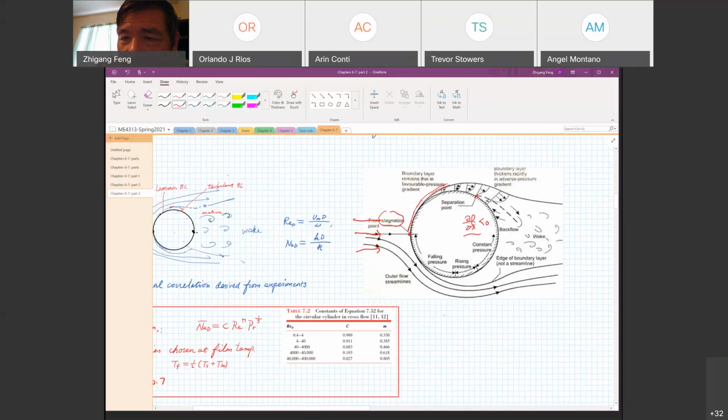So you will see this is the backflow. That's where the flow starts to separate from the surface, and we call that the separation point. And the streamline will leave the surface, so now you will have a streamline away from the surface. And eventually the flow becomes turbulent. You will see these eddies, we use this sign to indicate an eddy.